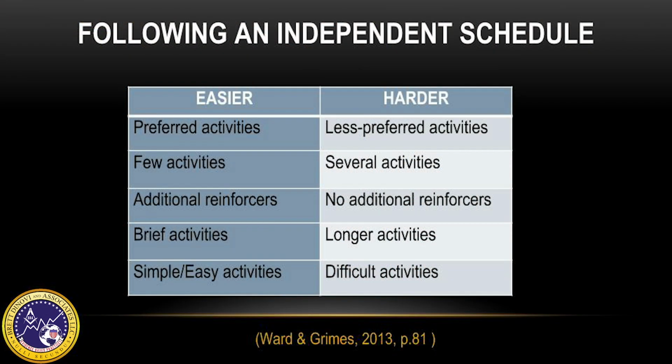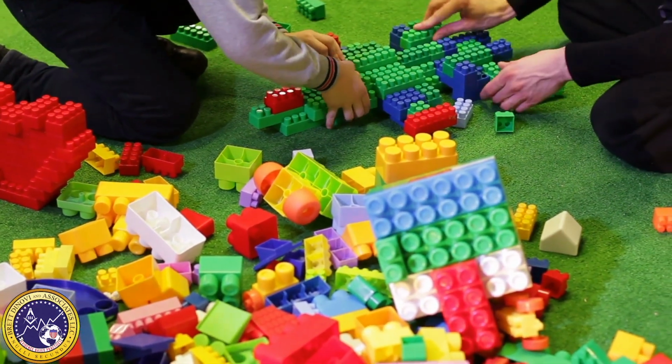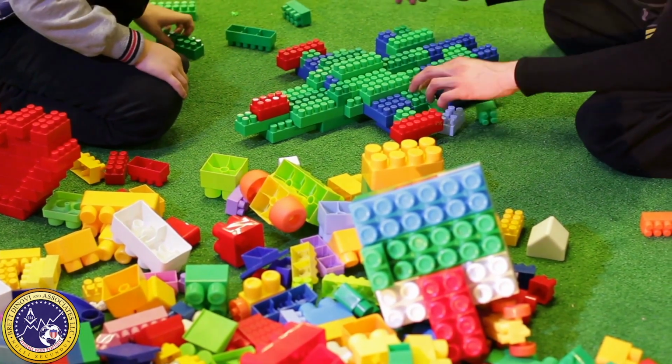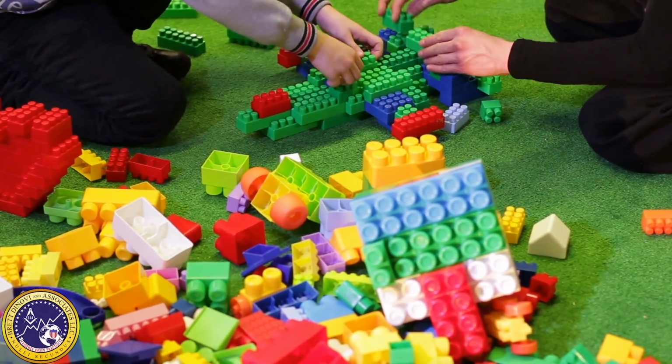A practitioner can set up dimension grids by creating a chart with 2 columns titled Easier and Harder, with potential ways to make a task easier and harder for the learner listed under the corresponding sections. A sample dimension grid for the program, Follow an Independent Schedule, may include using preferred activities, incorporating a few activities, utilizing additional reinforcers, ensuring the activities used are brief, and using simple activities listed under the Easier column of the dimension grid.